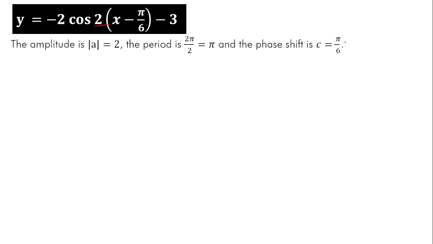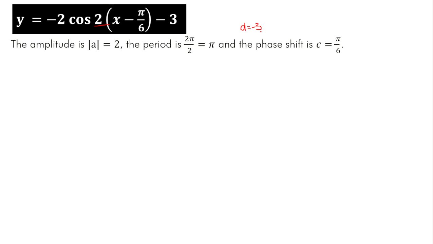And then for the value of d here, for the vertical shifting, as you can see here, we have it as negative 3. Okay, so again, here it defines the shifting of the graph vertically. So we're going to move 3 units downward from its graph.